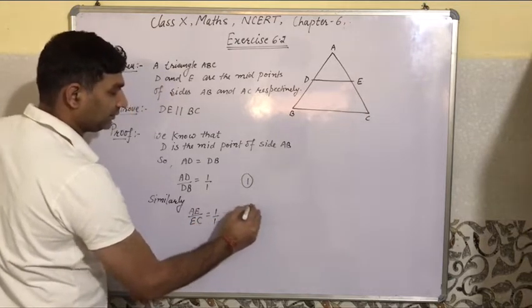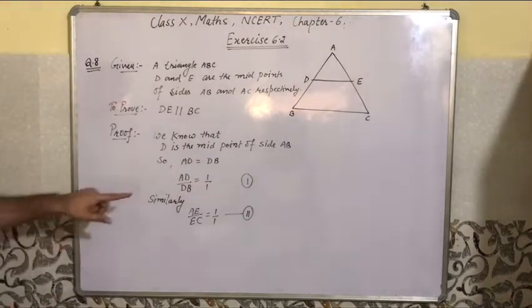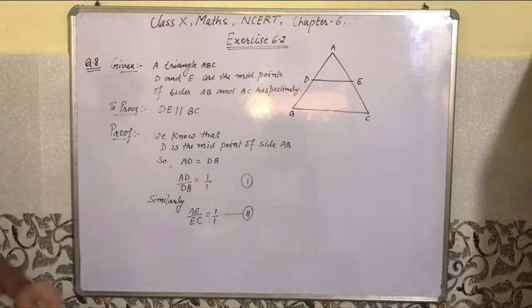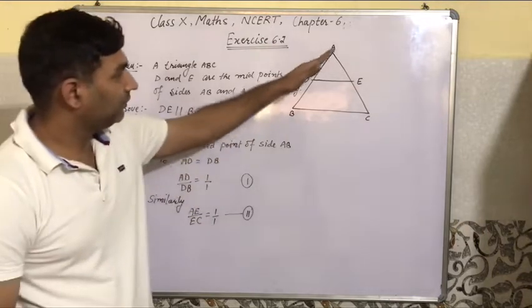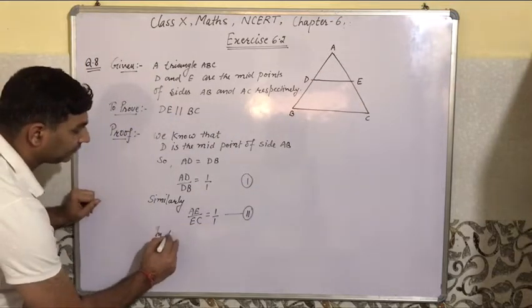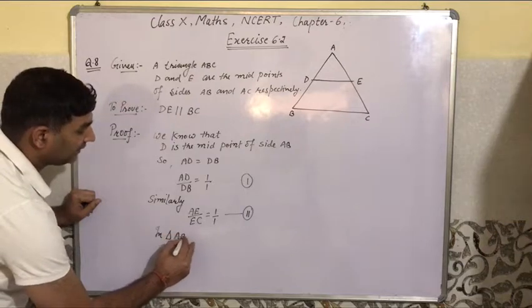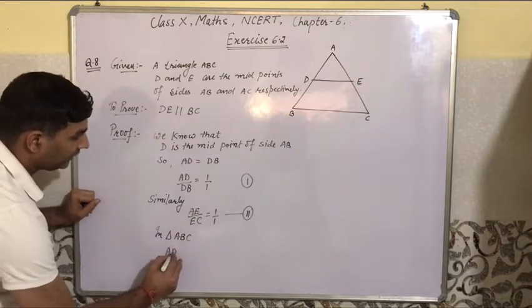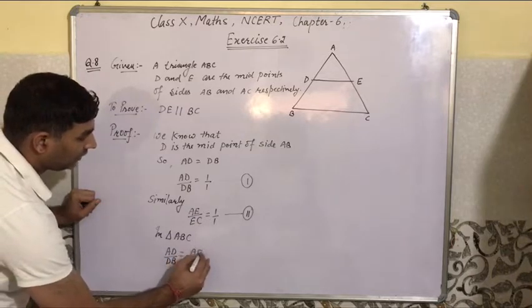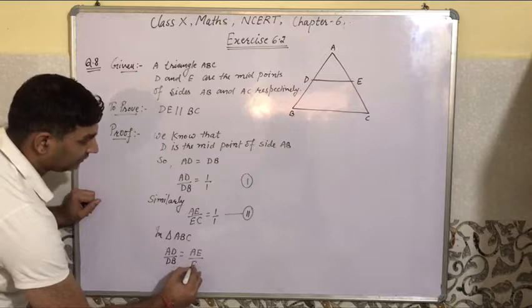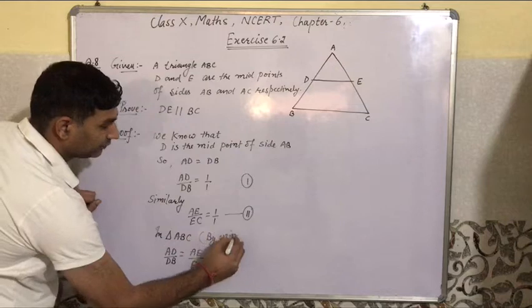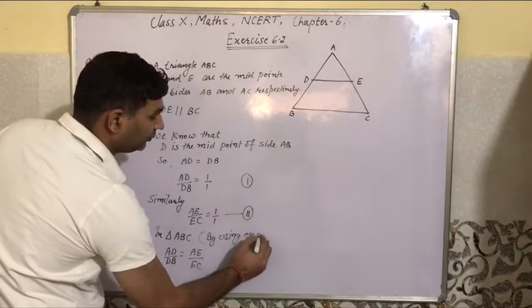This is equation 2. Now these ratios of sides, AD upon DB and AE upon EC, both are the ratios of the sides of this triangle, and we know that in triangle ABC, AD upon DB is equal to AE upon EC by using equation 1 and 2.